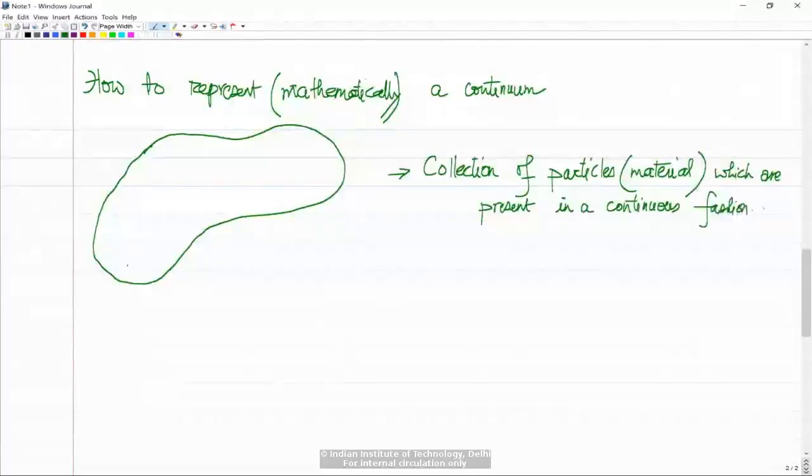Any point you pick in this body, there will be a unique material particle at that point, and this body is just the collection of those particles.